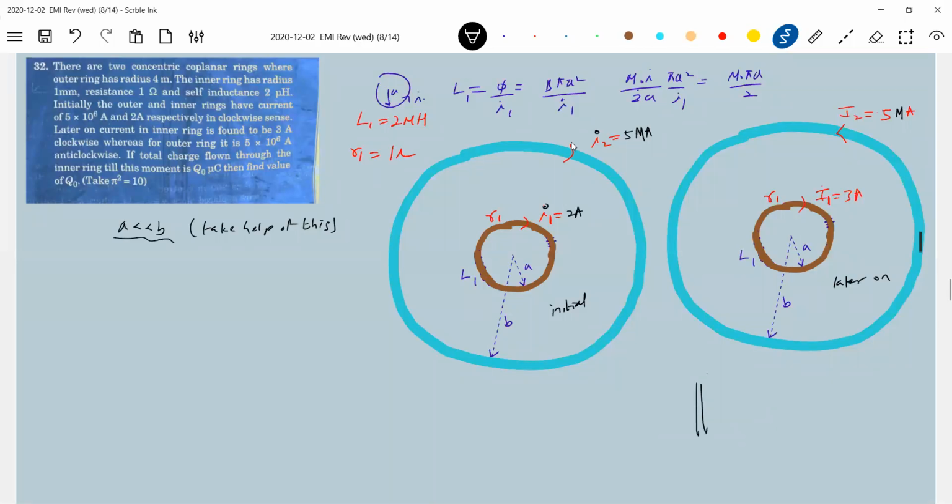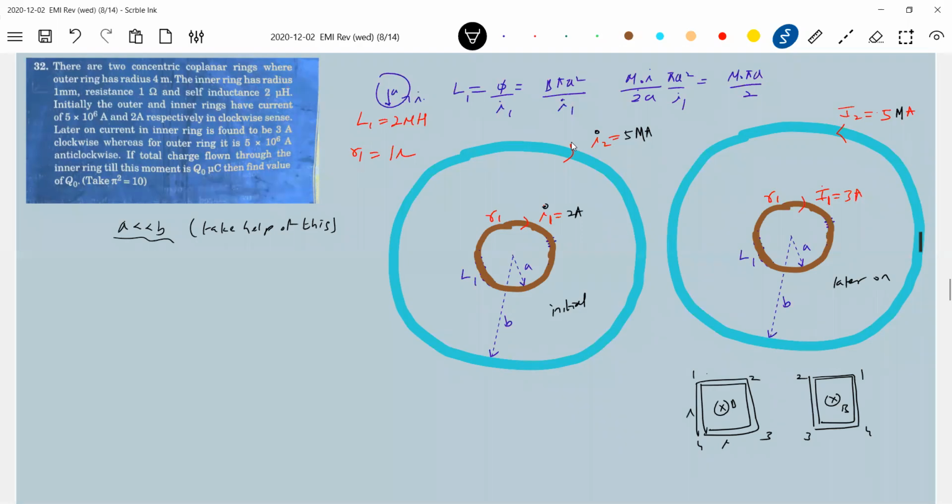I'm trying to generate the idea to do this problem. B bar is everywhere into the plane. So this is 1, 2, 3, 4. I will rotate it by 180 degrees. When I rotate by 180 degrees, the B bar direction will not change.